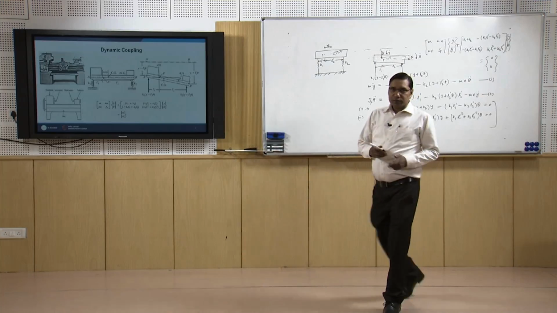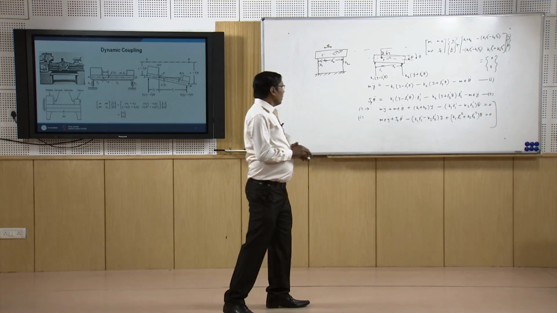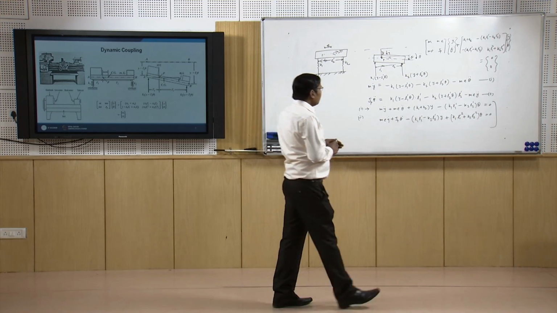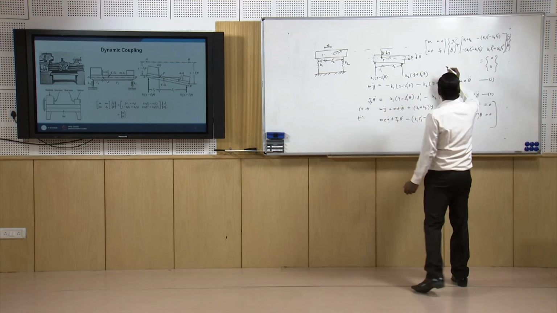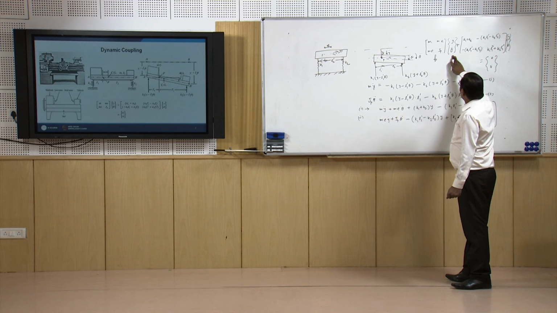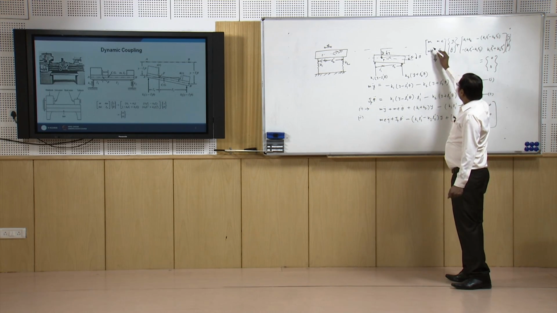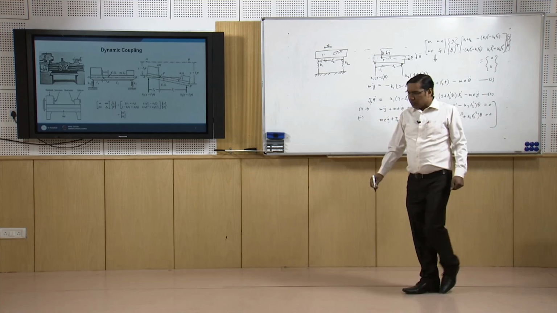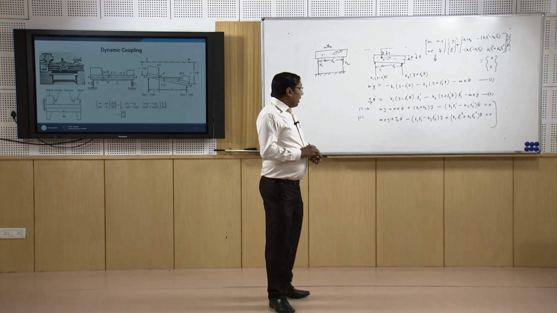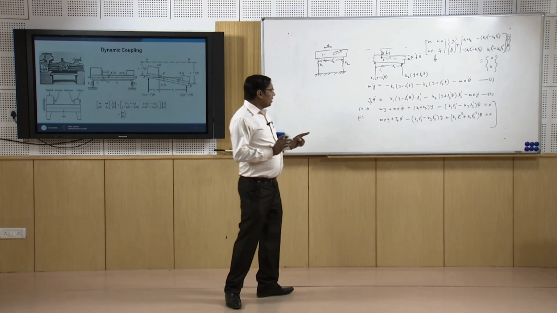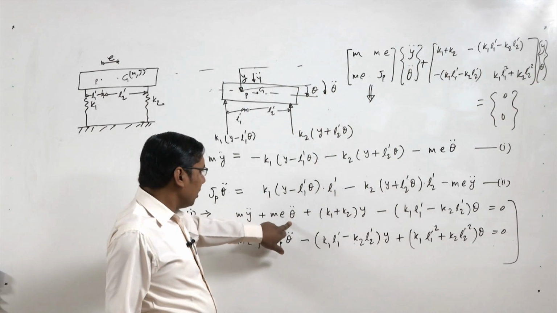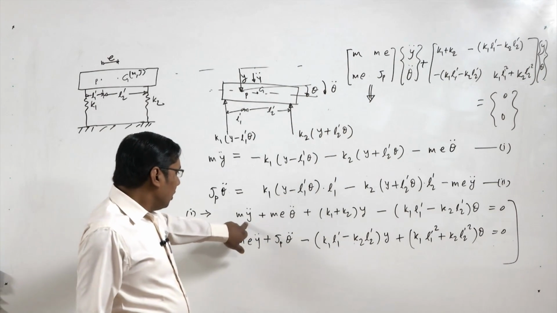So we have written the equation in the form of a matrix, and now we see that this matrix is not diagonal, so the off diagonal terms are non-zero. We can see the effect in the equations, that acceleration terms are coming in each equation.